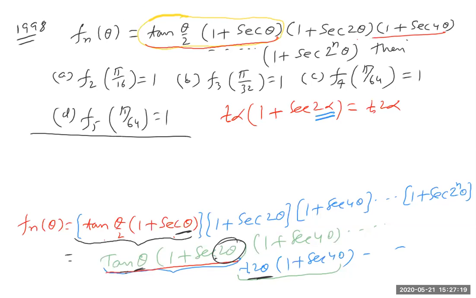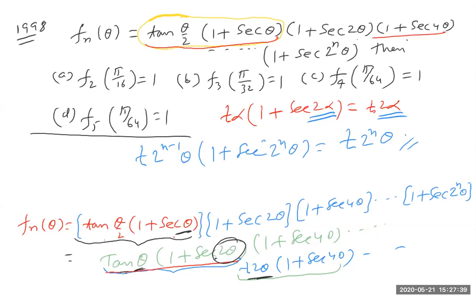So the larger angle keeps coming. Finally I will get tan 2 raised to power n minus 1 theta into 1 plus sec 2 raised to power n theta, which will be tan 2 raised to power n theta. The larger angle will come as output.